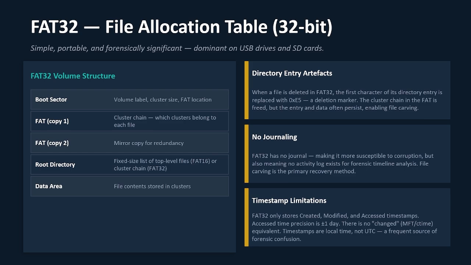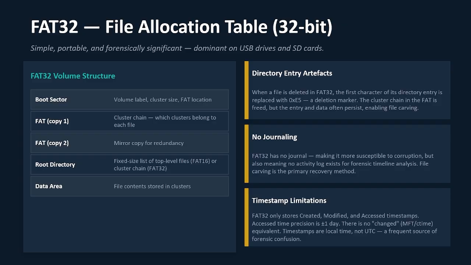There is no journaling, so corruption has happened and does happen with FAT32. So typically what you need to do is make sure that no changes are made as you're doing a forensics analysis, which is where you end up adding in a write blocker or something else to prevent changes to the particular disk.